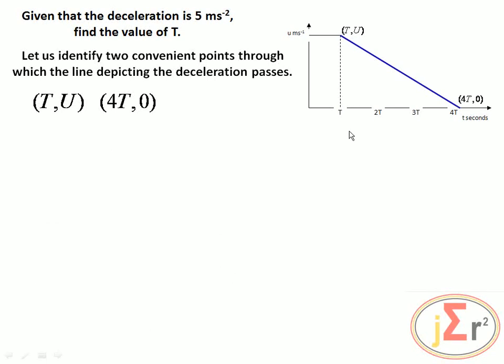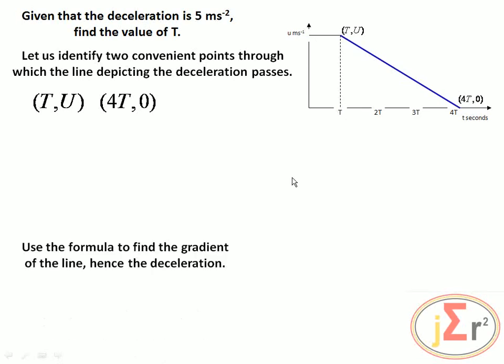So we have 2 points, one right here where the time is equal to t and the velocity is u, and here where the time is equal to 4t and the velocity is 0. So we have (t, u) and (4t, 0).